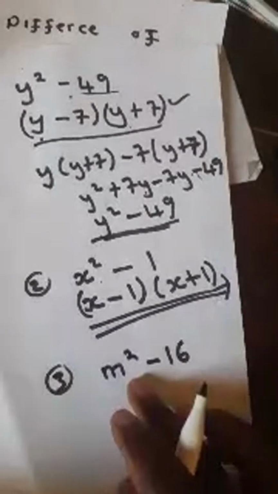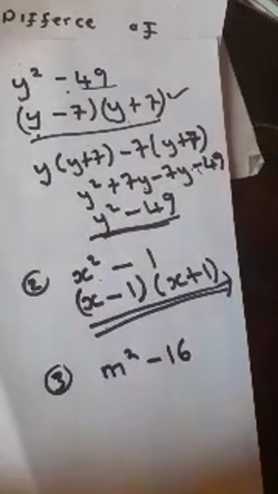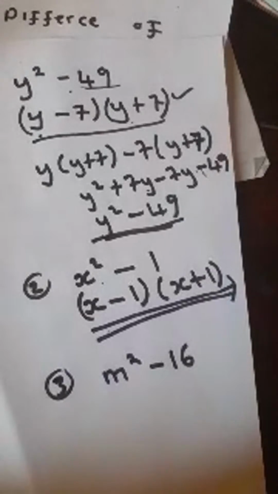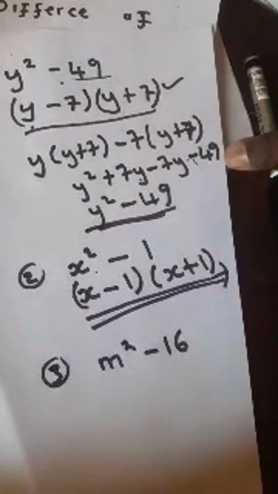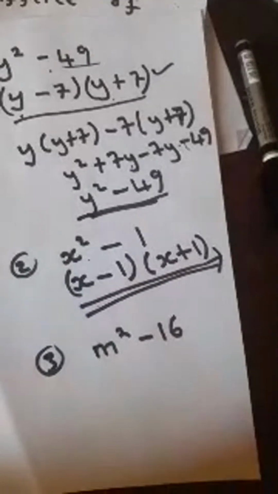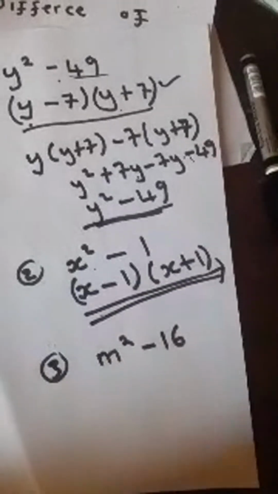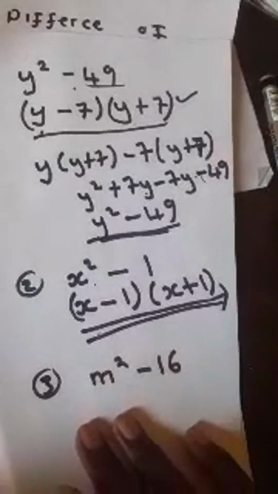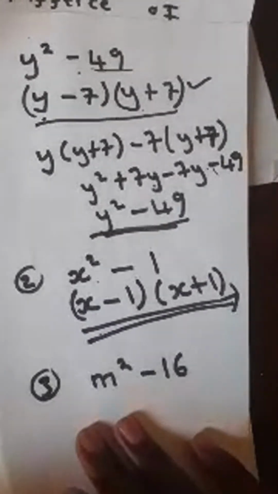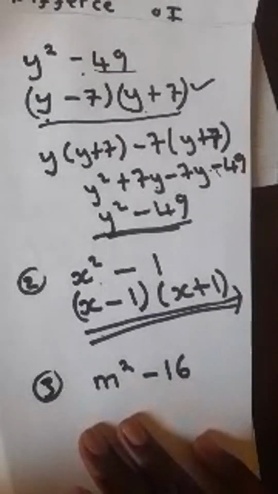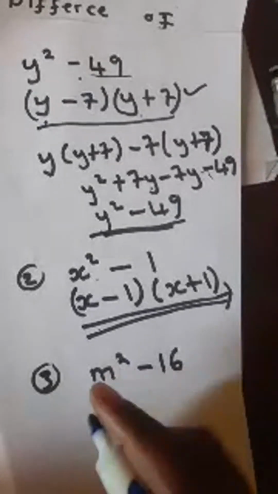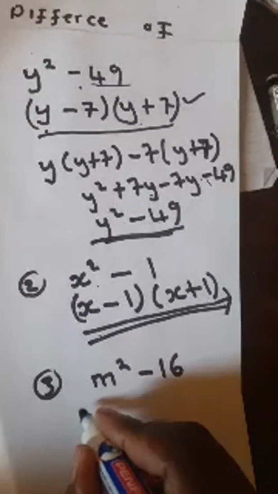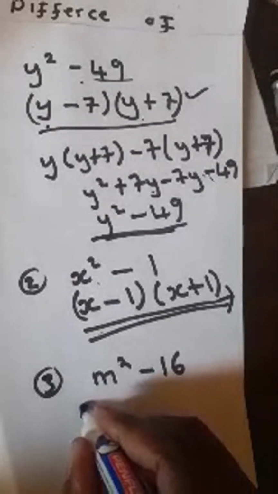Factorize completely m squared minus 16. Let's factorize it. This one is the difference of 2 squares.